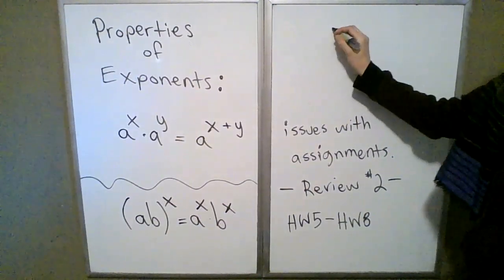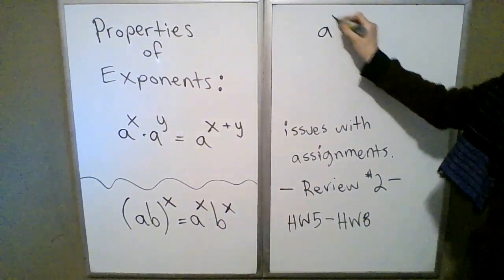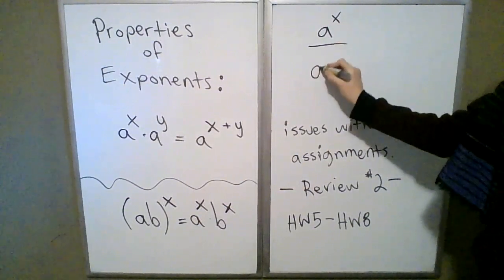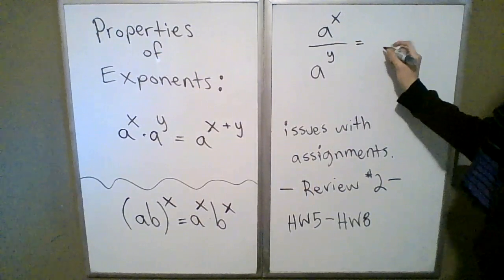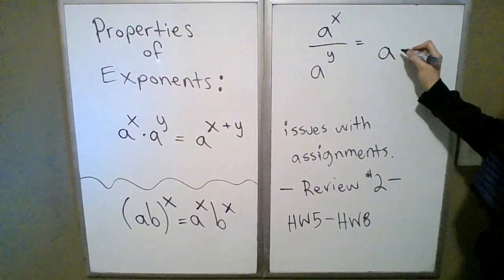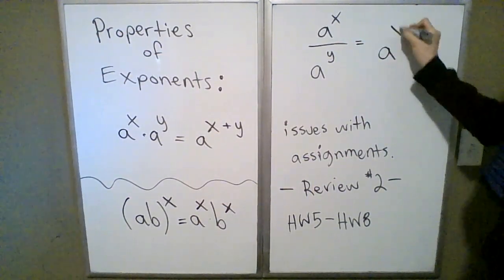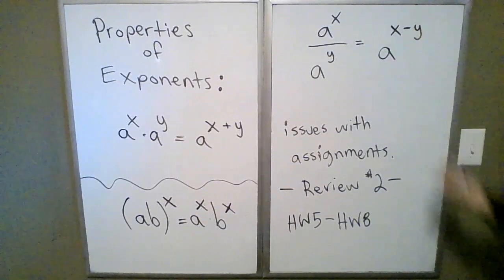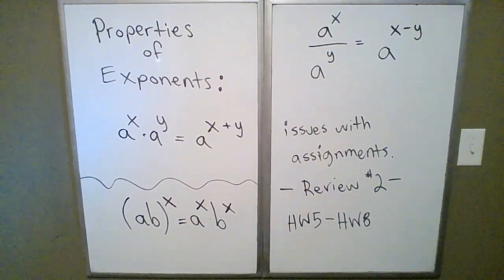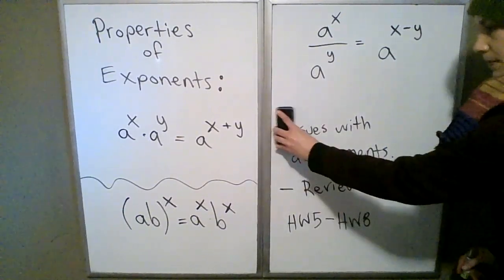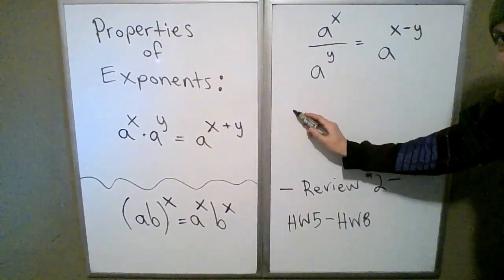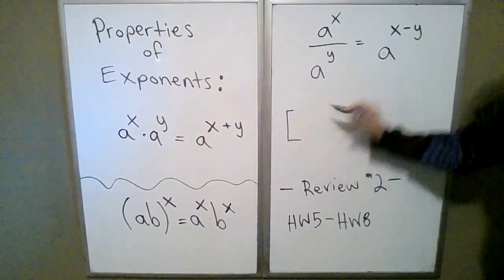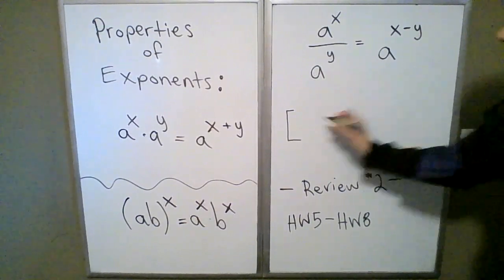Next one, a to the power x divided by a to the power y is base a, power x minus y. For this rule, we just have a little side note that a cannot equal 0 because we don't want to divide by 0.